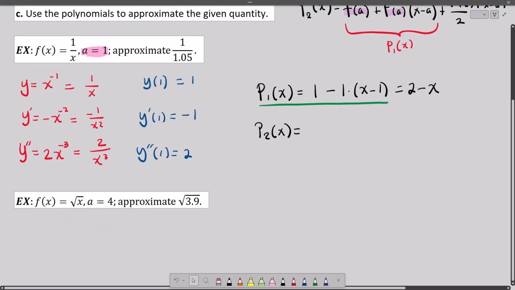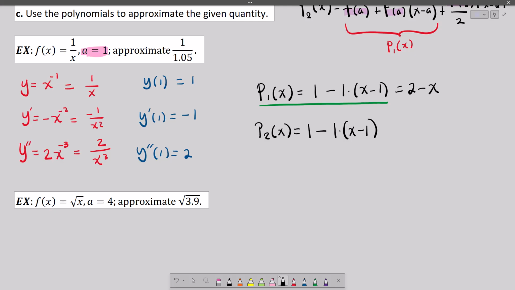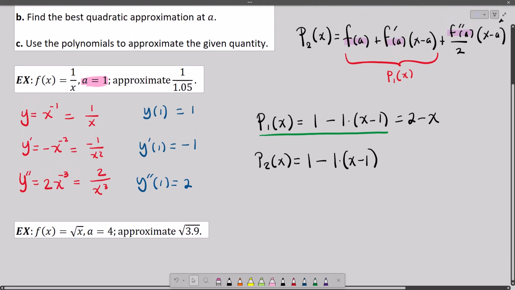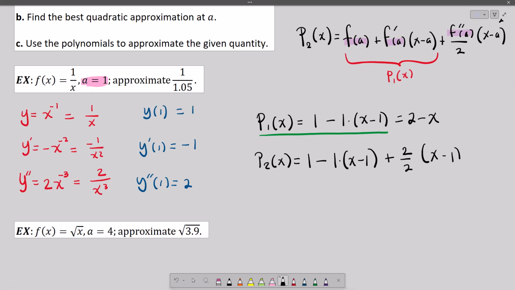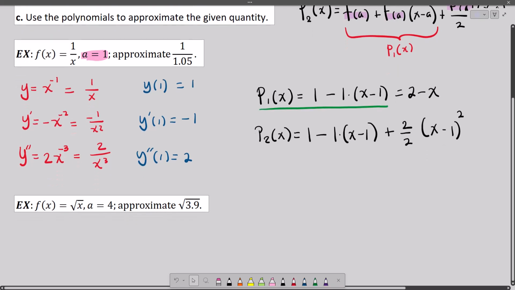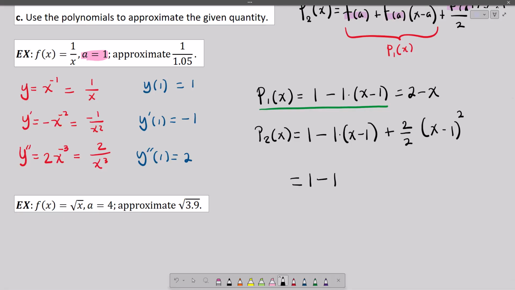All right, so p sub 2 is going to be p sub 1, but then we have to add second derivative. So 2 over 2 times x minus 1 squared. The simplifying of these coefficients, sometimes we're going to do it, sometimes we won't.